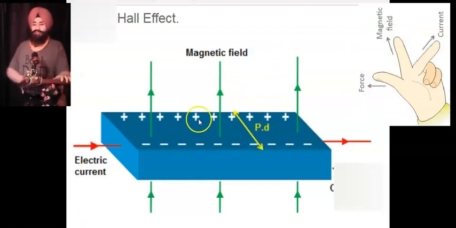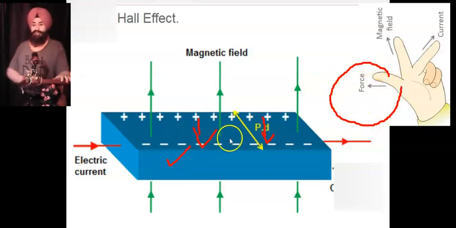You know, the electric field is from positive to negative. There is a tendency of the electric force to pull the positive particle along this side, while the magnetic force tends to pull the positive hole along the other side.